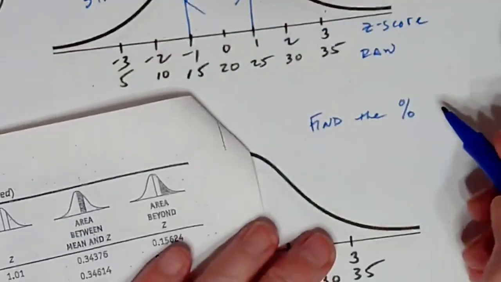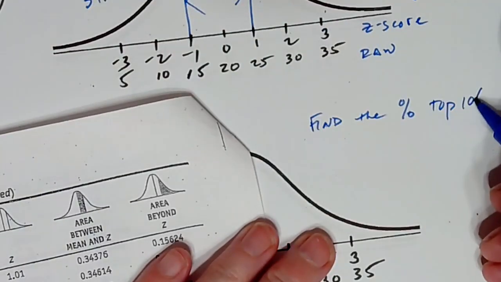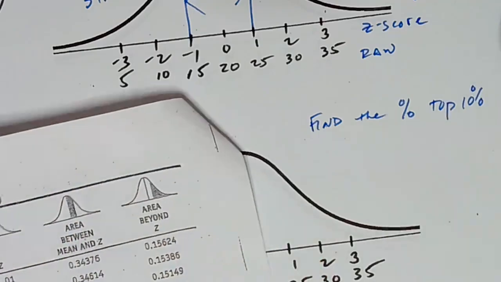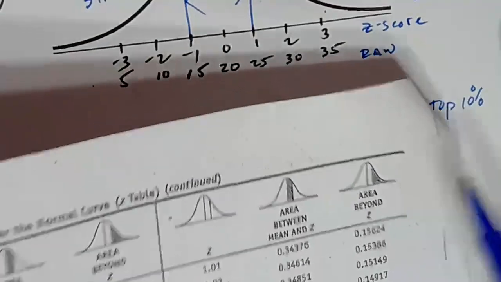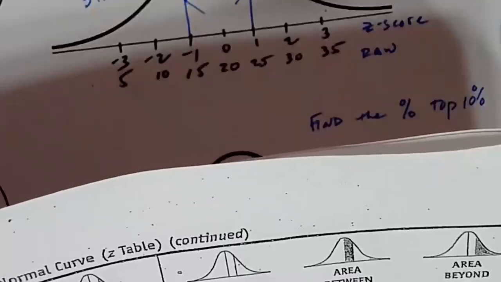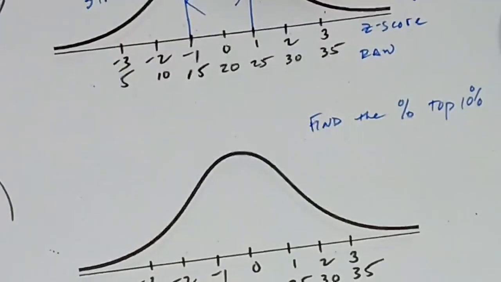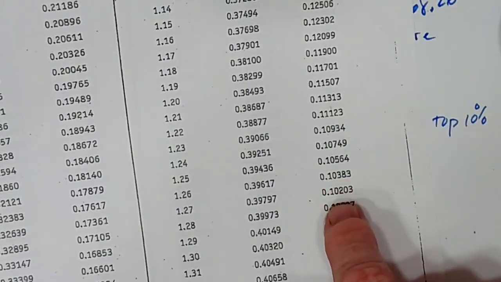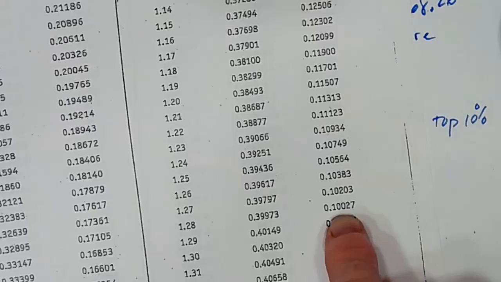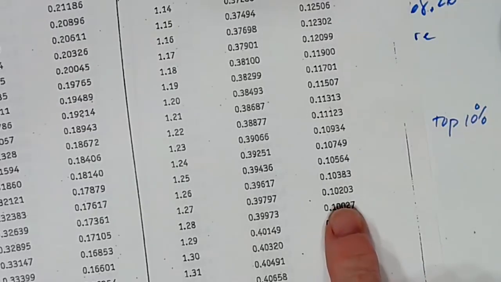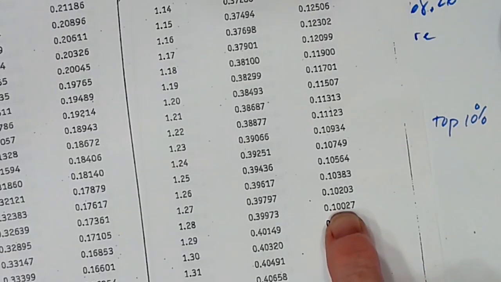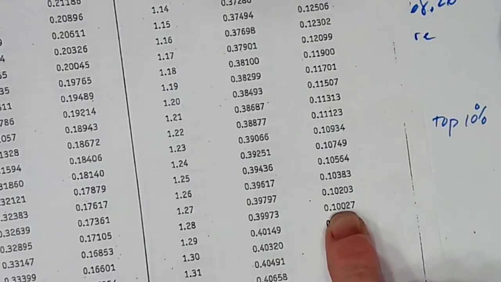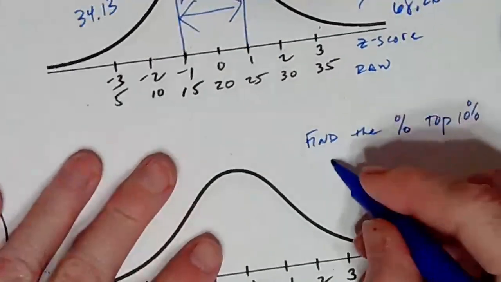So we want to go for a 10% value in the area beyond Z column. I've got 10.5, 10.3, 10.2, 10.00, and then 9.8. So let's go here, 10.027.